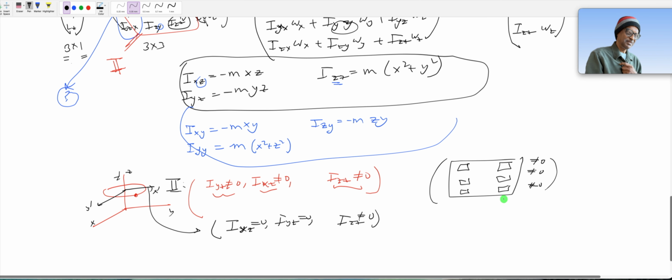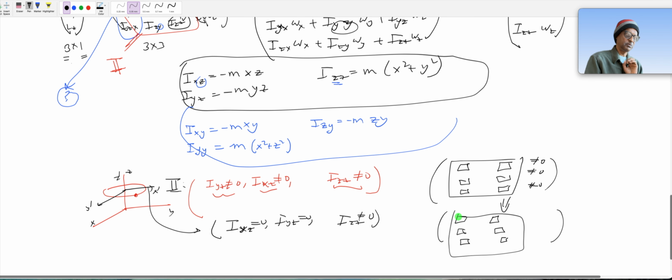So this complicated moment of inertia is turned into, forget about those, we're not talking about those yet. You have 6 of these, we're not looking at them, but these become 0, 0, and this becomes non-zero. So by choosing the coordinate system properly, you can actually kill all the off diagonal terms.